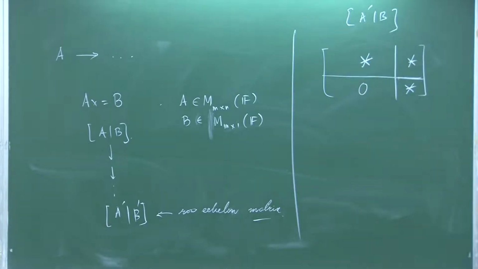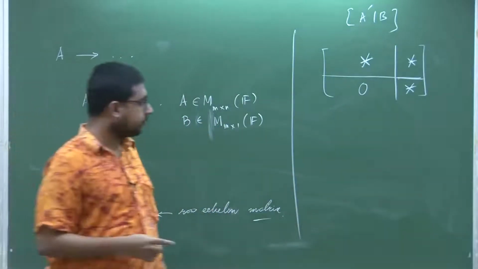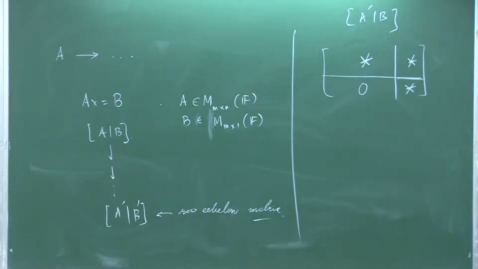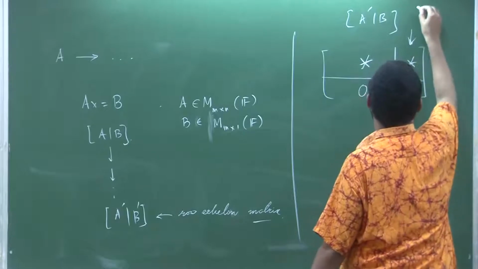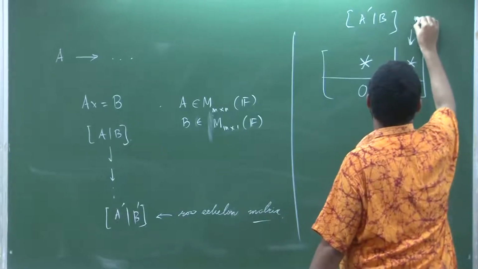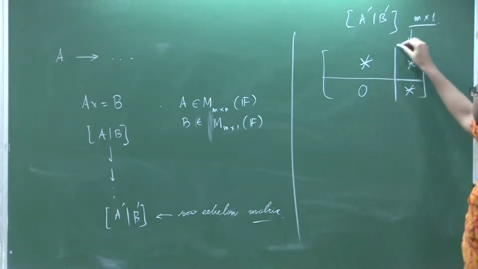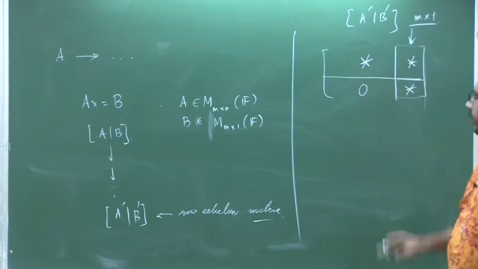The reason for writing this in this way will be clear immediately. Let us first observe that this is a block of size m cross 1. Okay, this is a block of size m plus 1. So, basically this is the last column of this matrix.